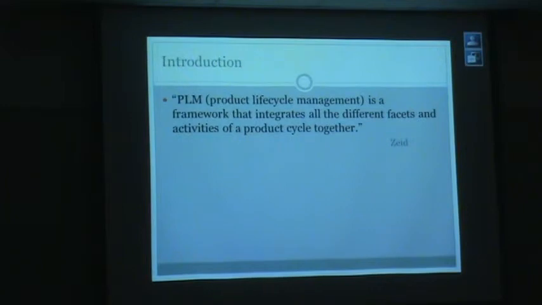And it's a framework that's intended to manage all facets of a product life cycle, from its very early conceptual sketches all the way through and including the retirement, the recycling, the disposal of that product are intended to be captured inside of a PLM environment.